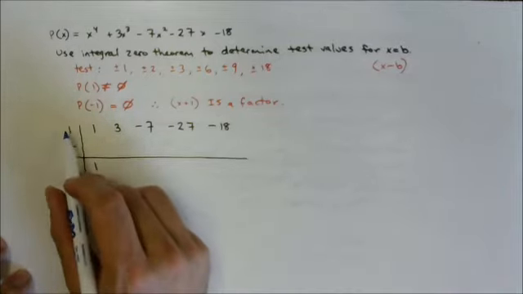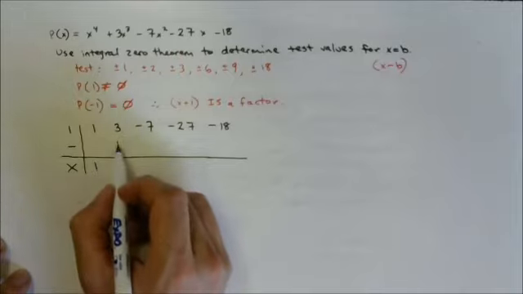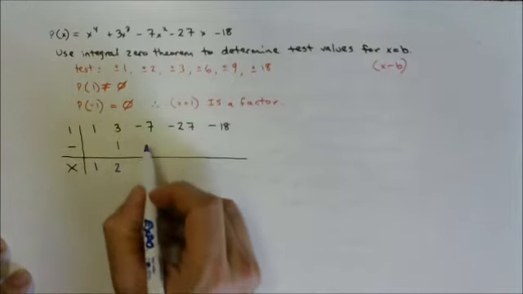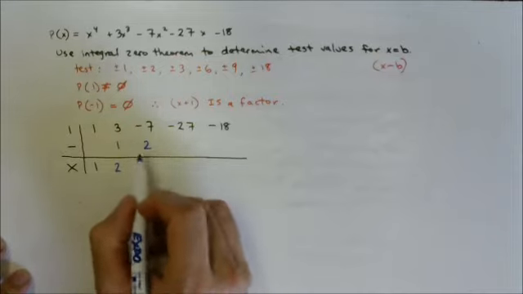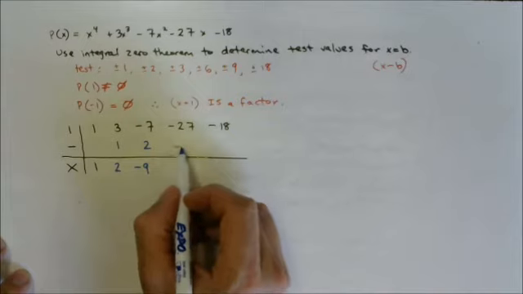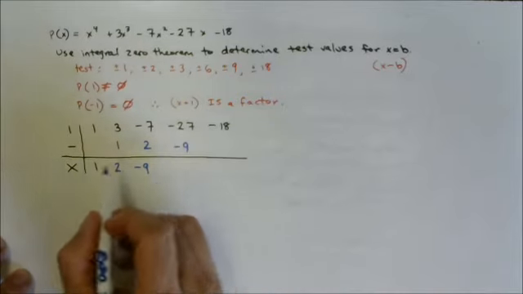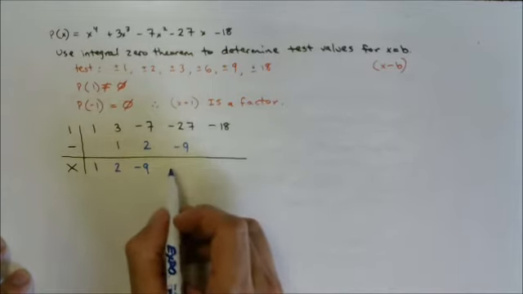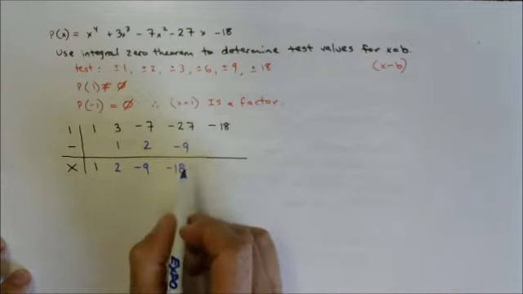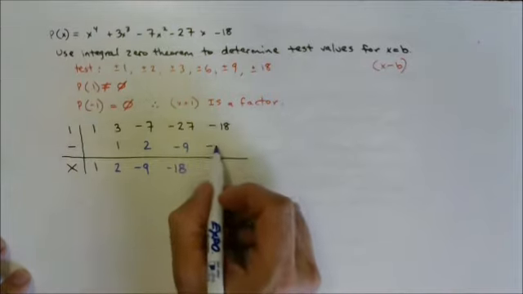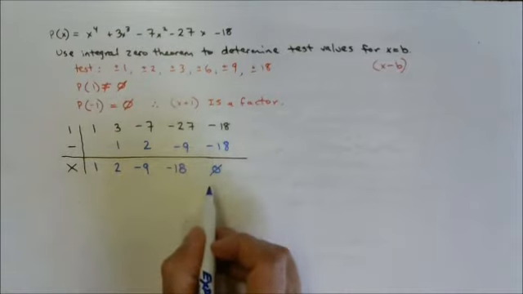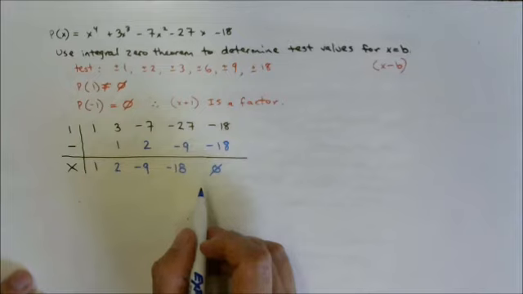Then we multiply 1 times 1 is 1, 3 minus 1 is 2, 1 times 2 is 2, -7 minus 2 is -9, 1 times -9 is -9, -27 plus 9 is -18. Multiply by 1 gets us -18, and if I've done it right, I'll get a 0 at the end. That's our remainder.